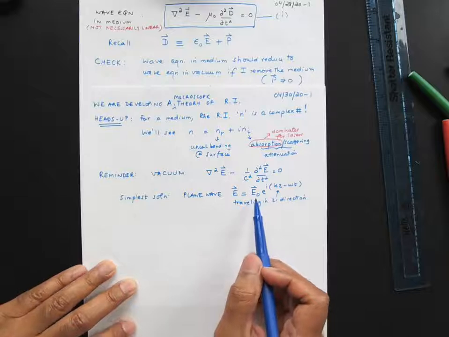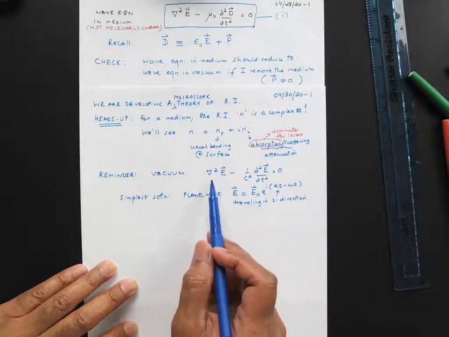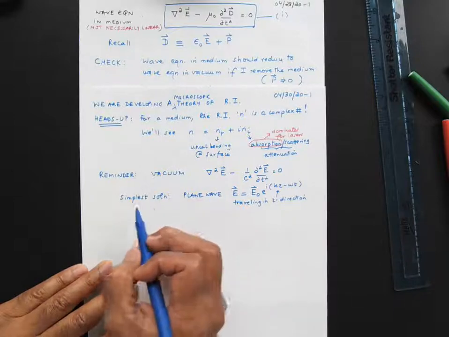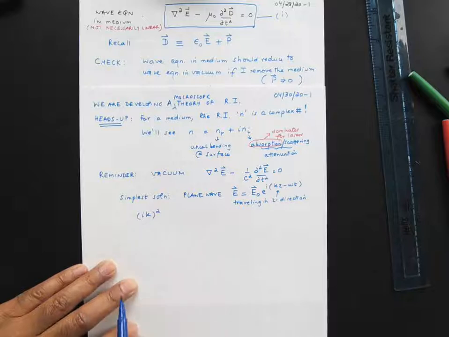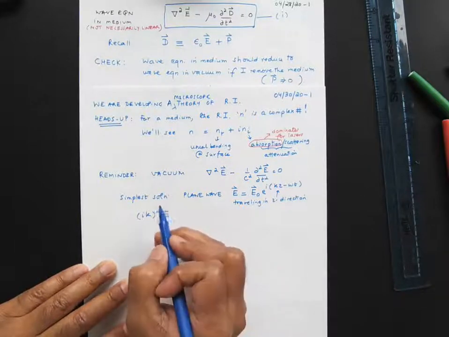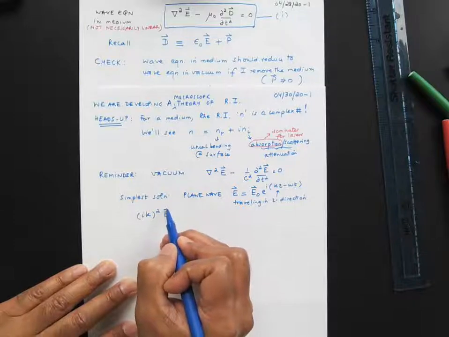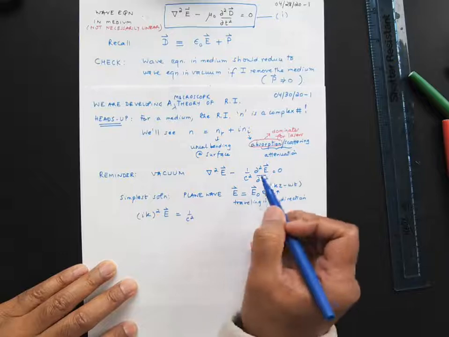When you take the double derivative with respect to space on the left-hand side, the ik comes out twice, once from each derivative, and you get back the original function. This is equal to 1 over c squared times the double time derivative.